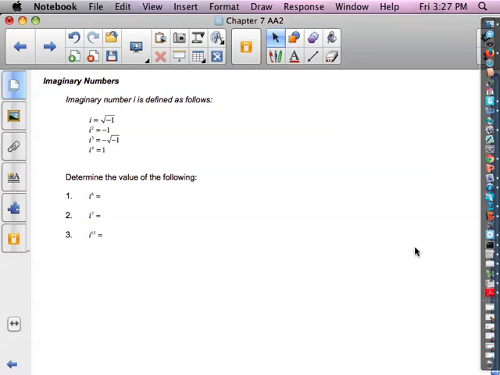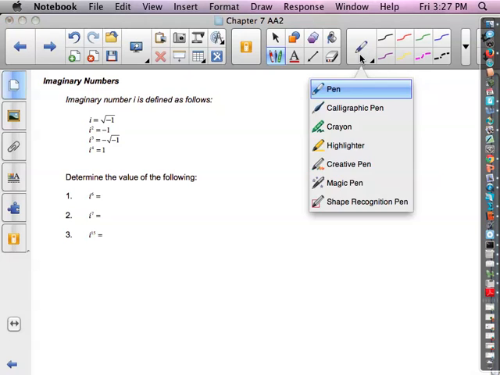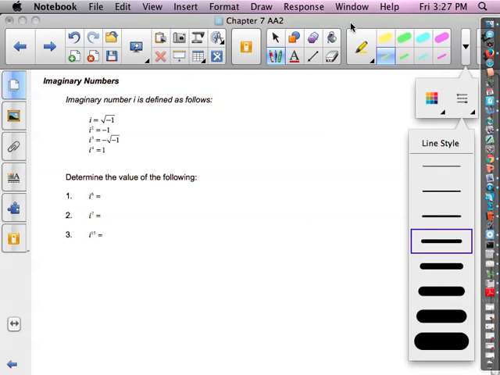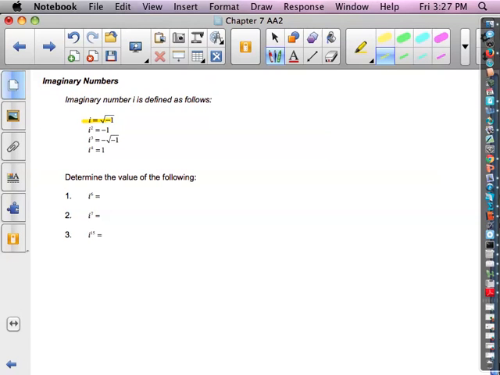So in the imaginary number system, i is equal to the square root of negative 1. i squared is equal to negative 1. i to the third is negative the square root of negative 1, or negative i, and i to the fourth is 1.